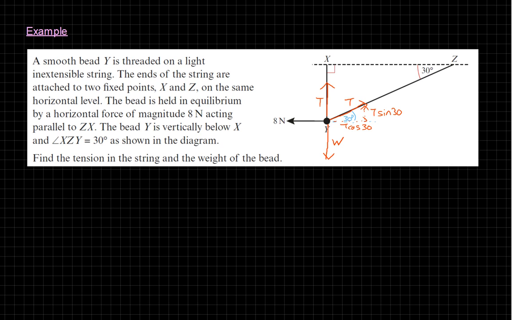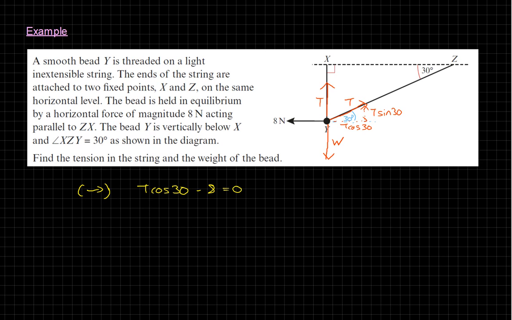So horizontally, what have we got? We've got T cos 30 going to the right, and we've got the 8 newtons going to the left, and in total that equals 0.